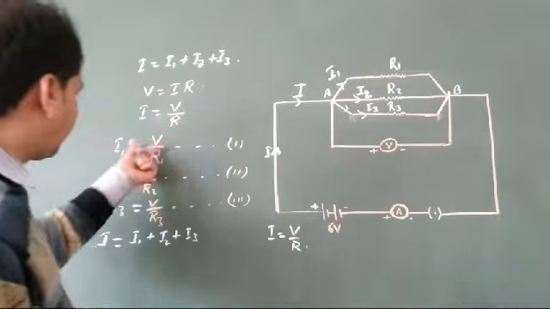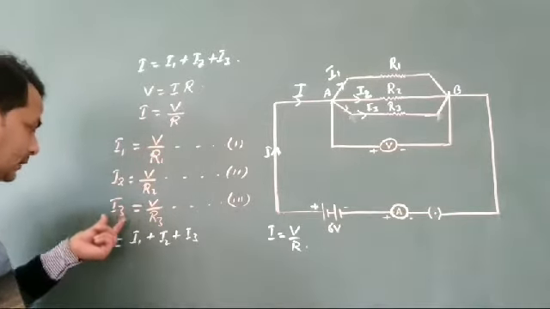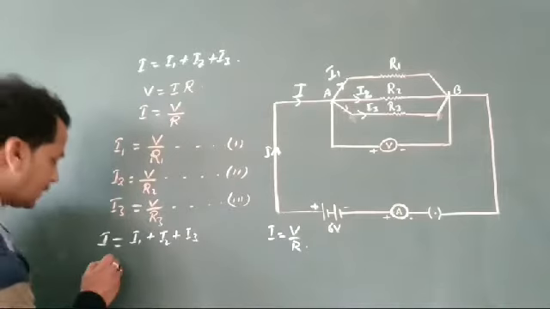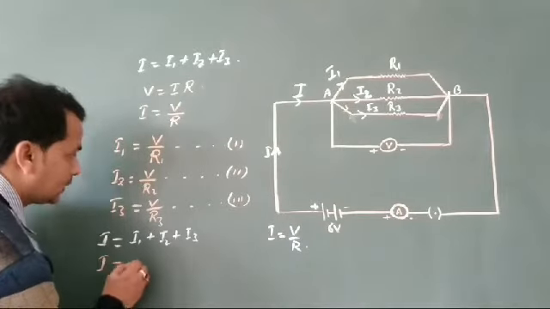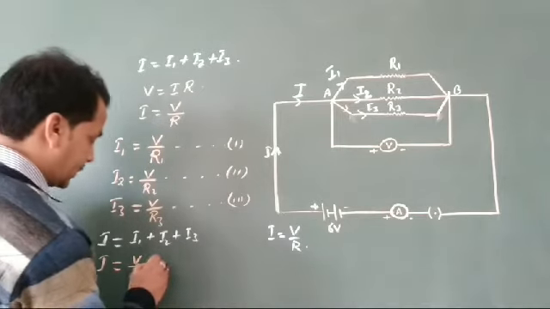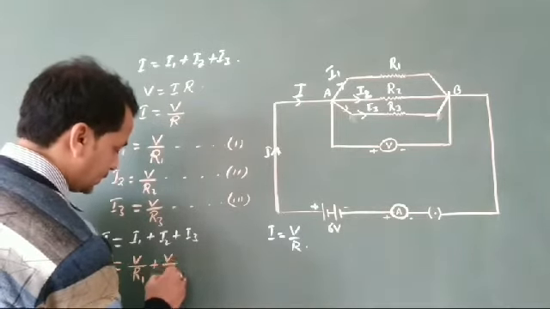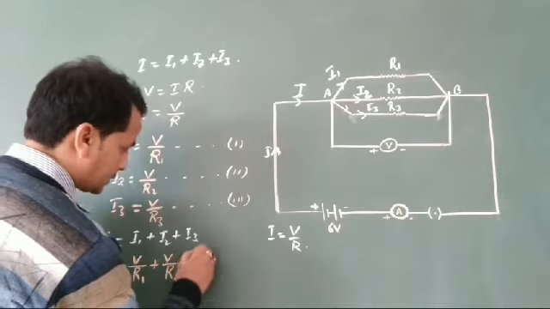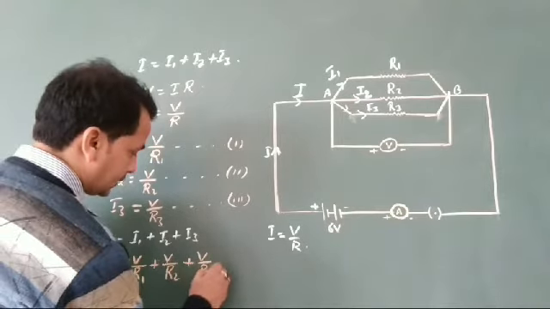Putting these values, the result is V by R1 plus V by R2 plus V by R3.